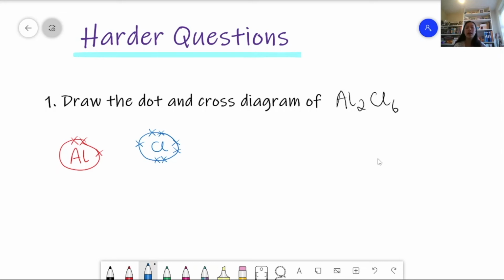And so now we think what would happen between 1 aluminium and 1 chlorine. And it looks as though this would be a pair of electrons which would be shared. And so then we can form 2 AlCl3s.